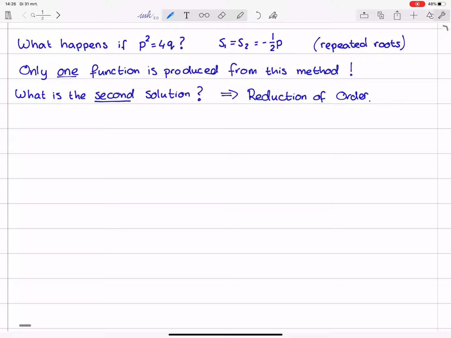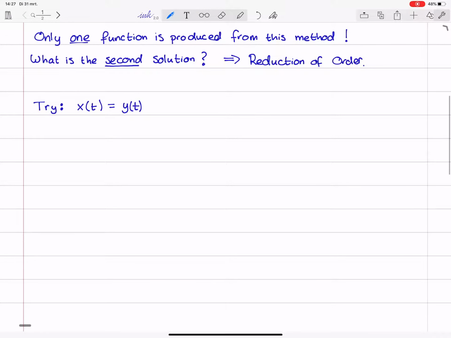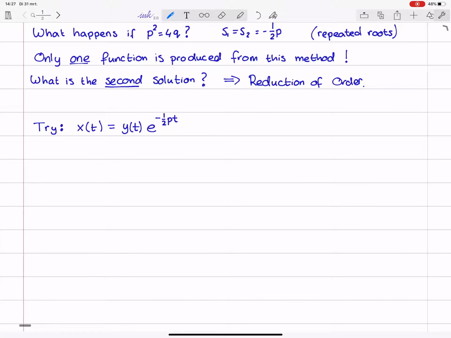The idea is that we try for x as a function of t some function y as a function of t, which is likely going to be some kind of polynomial, but it could be any function, times this solution that we found. So that was e to the power minus a half pt. All right, and this is a try, of course. So hopefully if we do it in this way, we can discover what this function y is, and maybe from that produce the second solution.